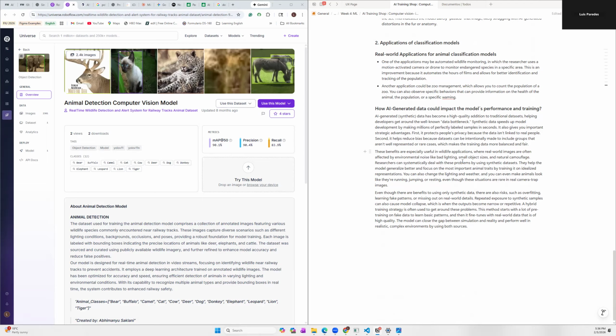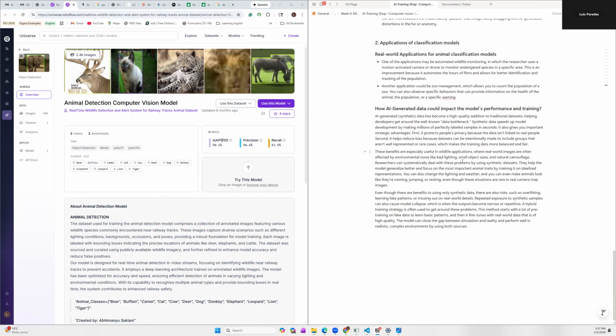Try to focus the strategy on hybrid training. You can start your pre-training on synthetic data to learn the shapes, the patterns, the colors, and specific topics about the animal, specific types of animals, and then you go further and start training the model with fine-tuned details from real-world data, which is the high-quality data to train your model.